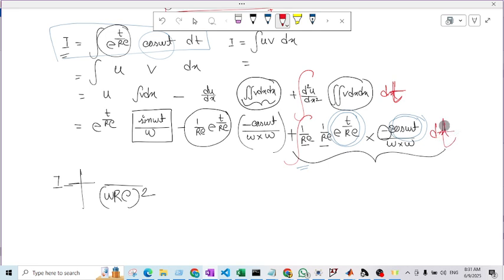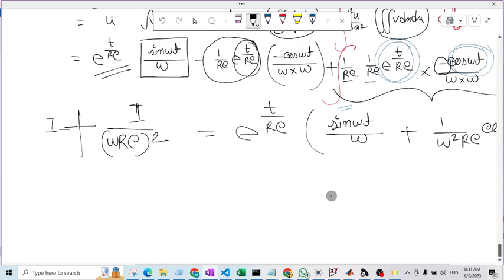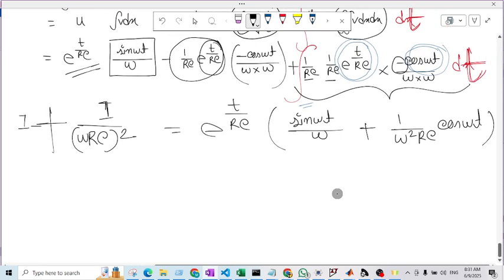So this is simply equal to I, so right here I, and then I have to take common e to the power t by RC, then write sin omega t by omega plus 1 by omega squared RC cos omega t. Okay, no problem. Now let's multiply.